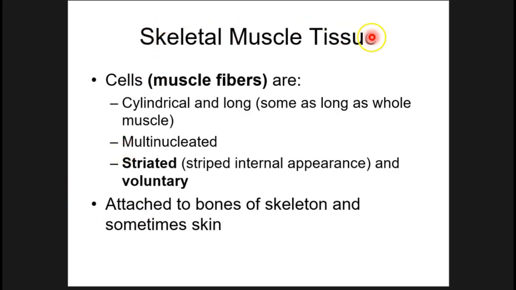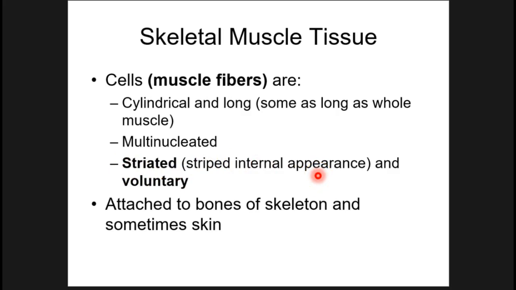So skeletal muscle tissue is going to be voluntary. We decide to move. I gesture like a cool person, which I obviously am. And that was a voluntary movement created by skeletal muscle. The appearance is striated, which means it's stripy. By the end of the semester, you'll understand why those stripes are there.